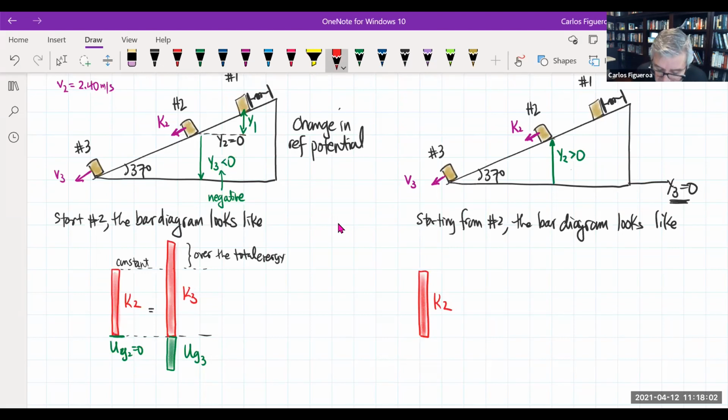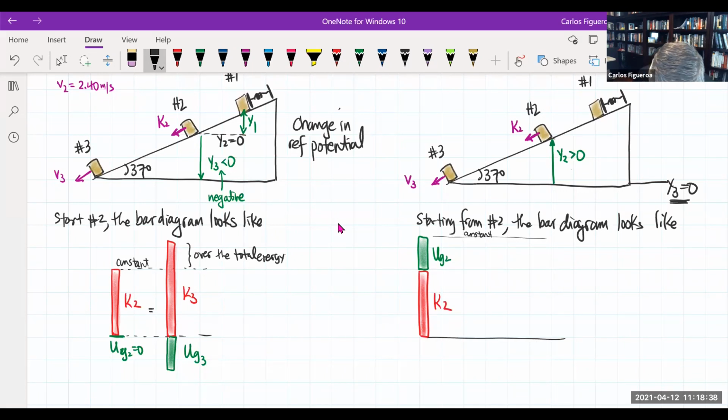The difference is that there's now a height change. So when I look at the gravitational potential here, let's say it's this big at point 2. You can see that this is not 0 anymore relative to our point 3. So they have 2 different potentials, but they have the same kinetic energy. But now conservation of energy tells me what? This is my constant. I can't have more energy than this.